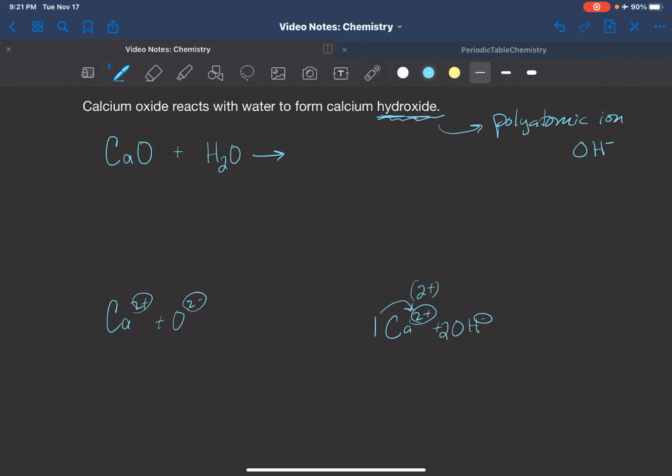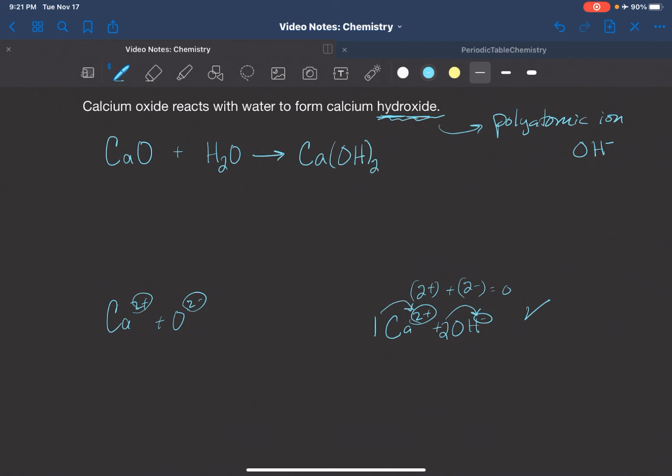So we would need 2 of those. 2 times -1 is -2, which is 0 in total, which is what we want for our compounds. The ionic compounds are neutral, right? They carry a 0 charge. So we need 1 calcium and we need 2 hydroxides. So remember, there's 1 and there's 2.